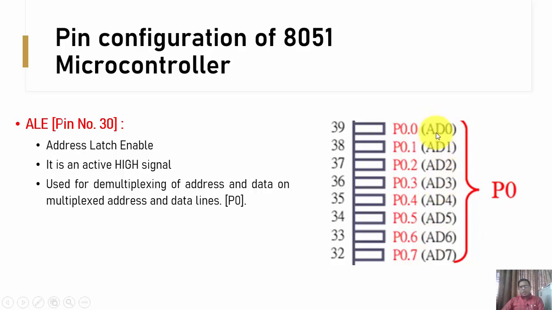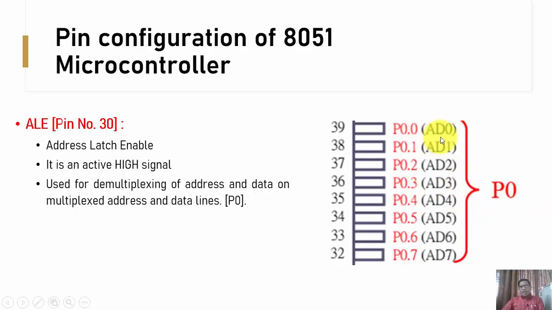In the sense, it is going to carry the 8-bit data from controller to memory or from memory to controller, as well as hold the address of a memory location in such a way that if the address is 16-bit, then the lower 8 bits are held by port P0.